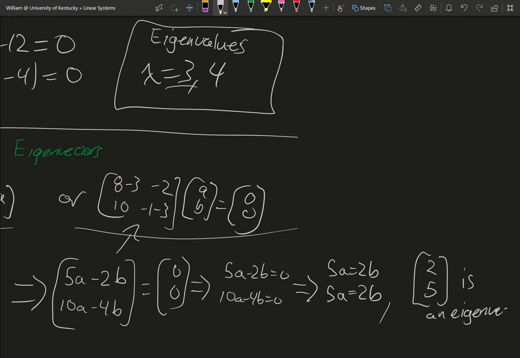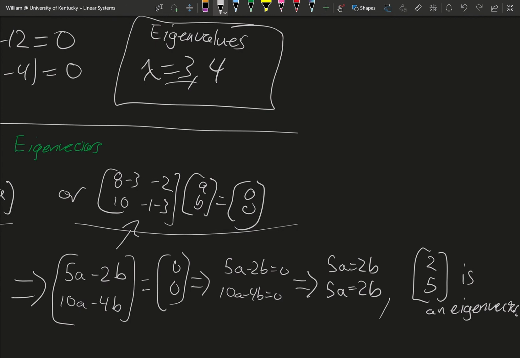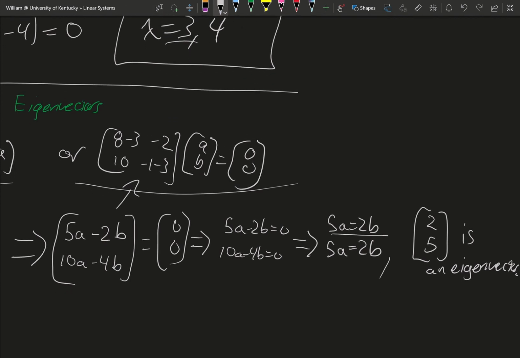And more often, if we're asked to find all eigenvectors, we can take one of these and say 5a over 2 equals b. So I could represent all eigenvectors as (a, 5/2 a).